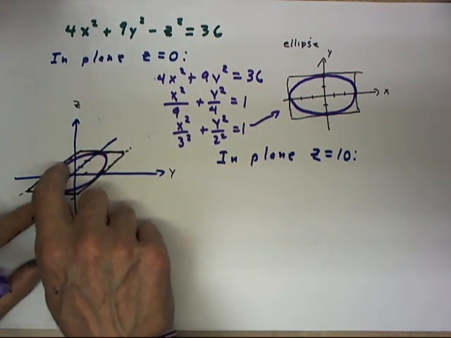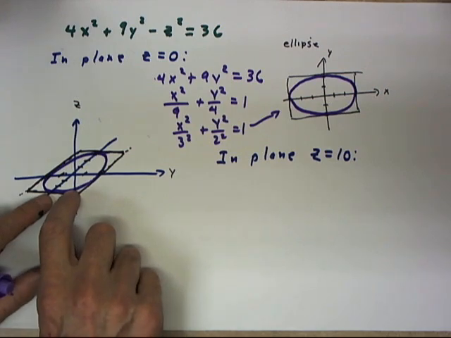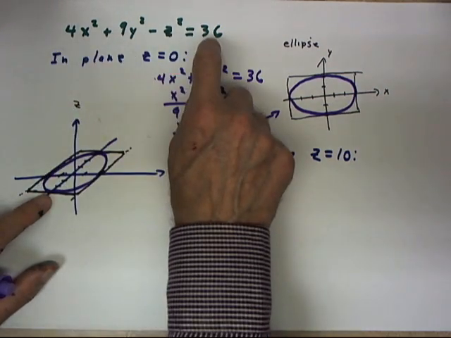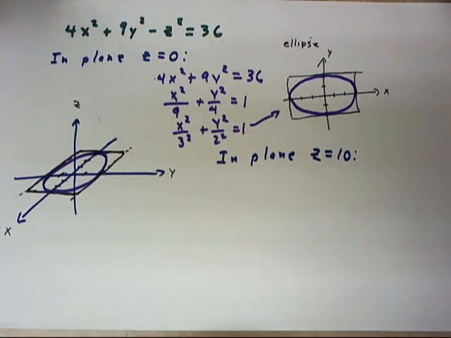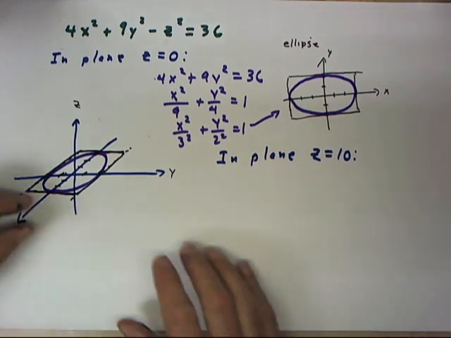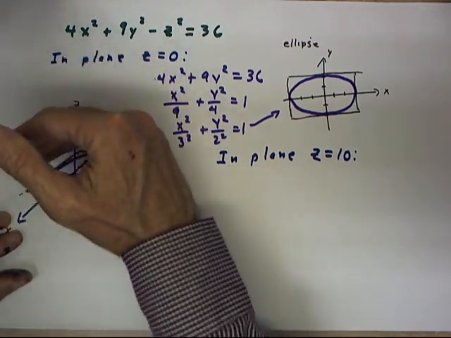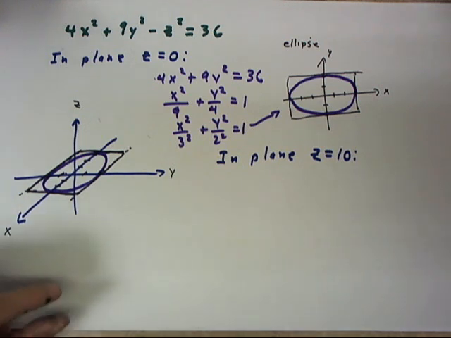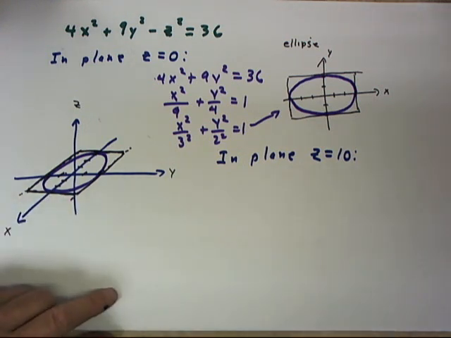So we have this ellipse as part of the solution to this equation. Now we're going to go on and look at a plane that's above the xy plane and see what happens there.